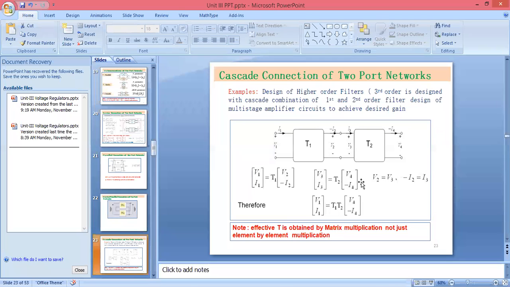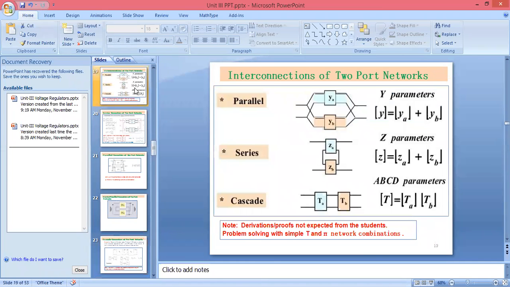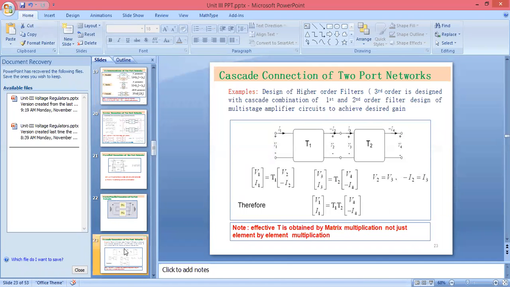When we are making the cascade connections for the two-port network, at that time we know we can use the transmission parameters. We can use the ABCD parameter. So when we are making the transmission port for the cascade combination, at that time, I have given one example: design of a higher order filter.